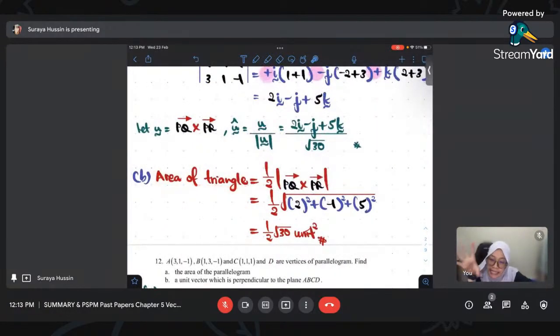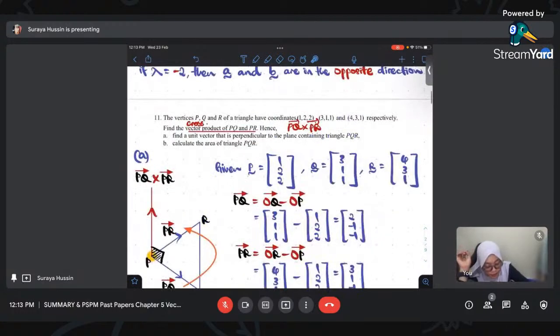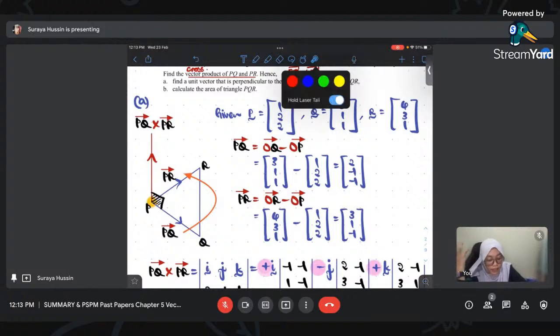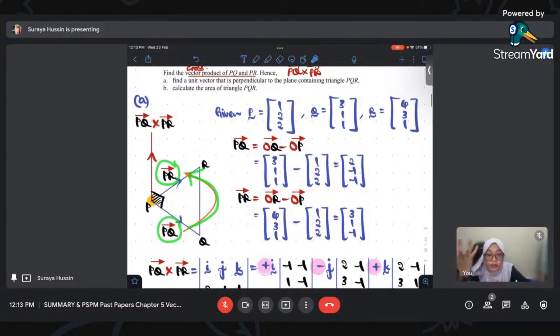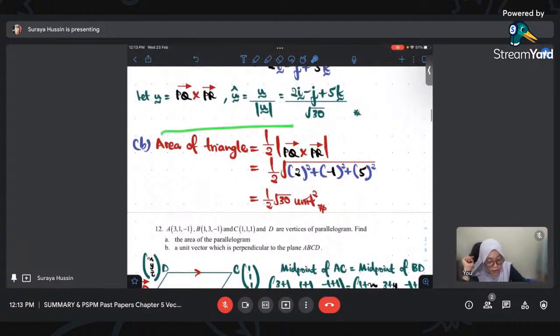Triangle is also easy. Easy sebab kita dah sangat jelas that we are only using PQ cross PR. Kita dah memang fix. Memang kita dah sentiasa pakai yang sama je. PQ cross PR is our area of triangle. So just use it, and make sure you remember the formula.